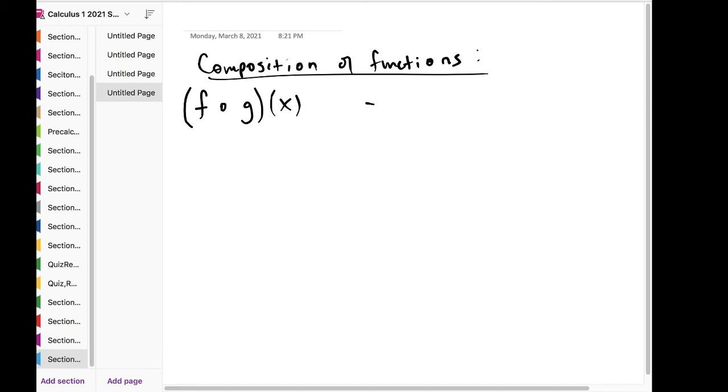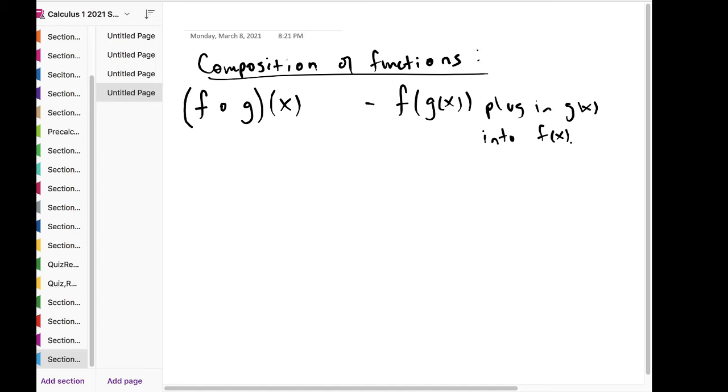Okay, yeah, so you put a whole function in another, so that would be like plugging g into f. Plug in g of x into f of x. Good, yeah, I like that. The range of the function enters as the domain of the other.